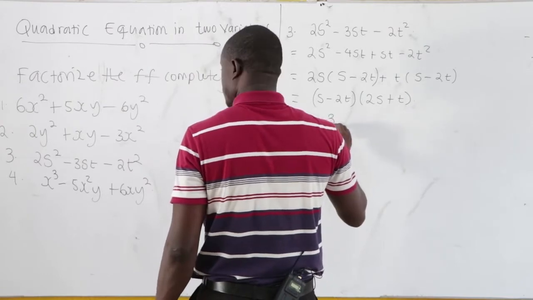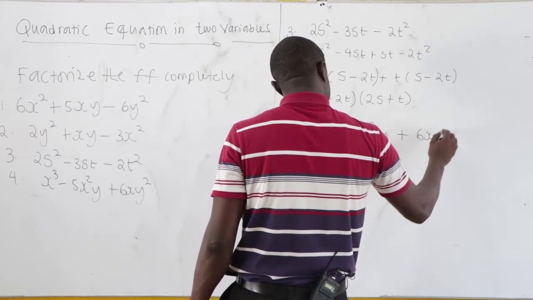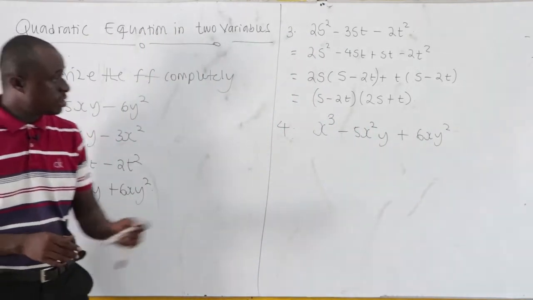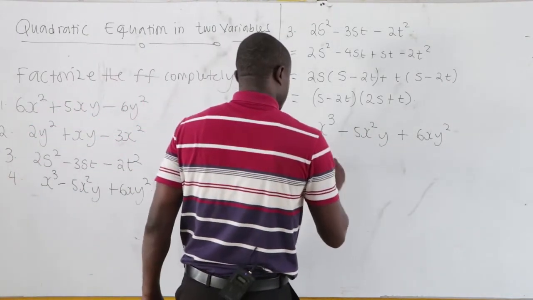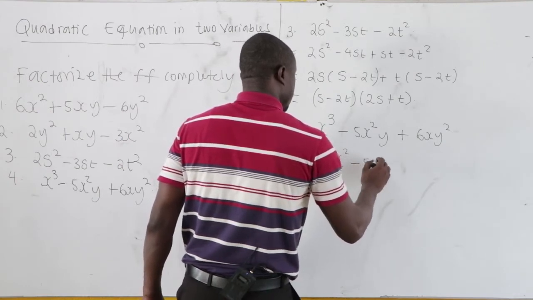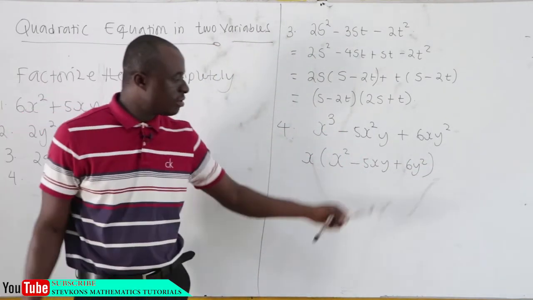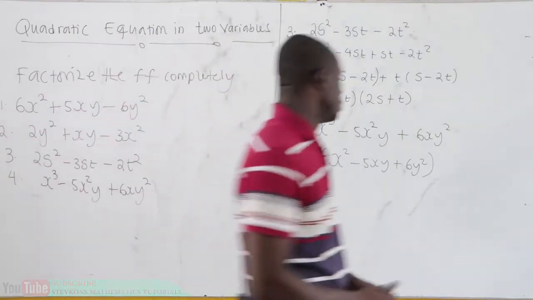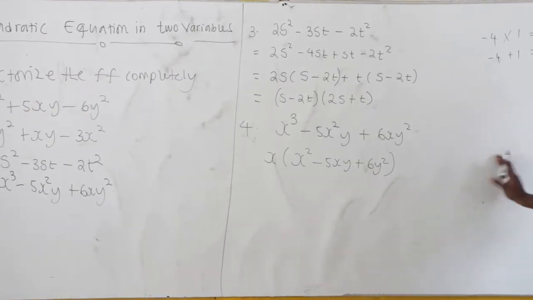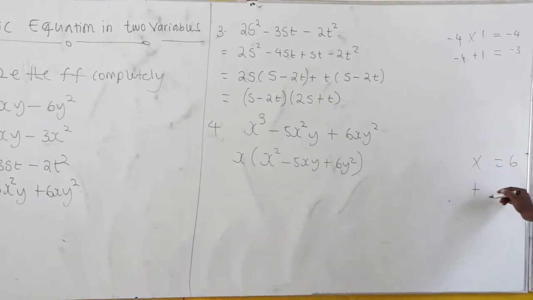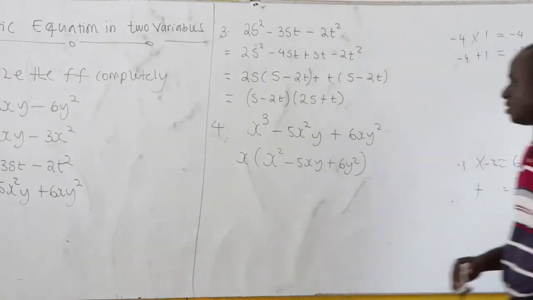Now let's see the fourth question. We have x cubed minus 5x squared y plus 6xy squared. With this, what is common? x is common throughout, so we factorize x out. Now we have x squared minus 5xy plus 6y squared. Clearly, the inner one now becomes a quadratic expression in two variables, x and y. So here two numbers, when you multiply, you get 6, but when you add, we get negative 5. Clearly that will be negative 3 and negative 2.